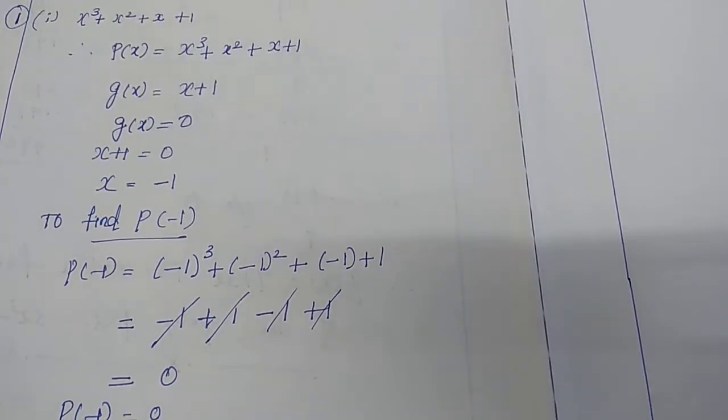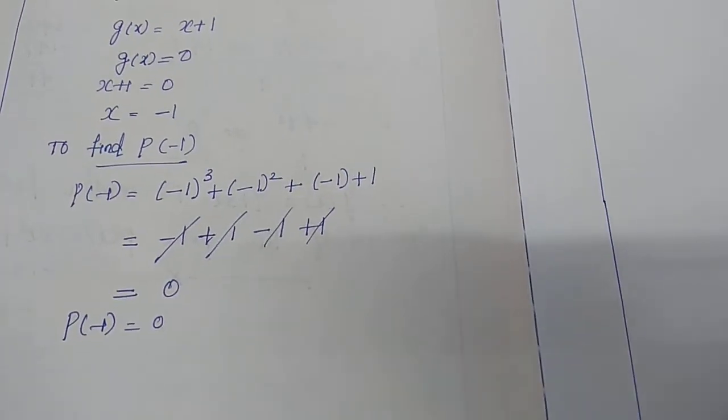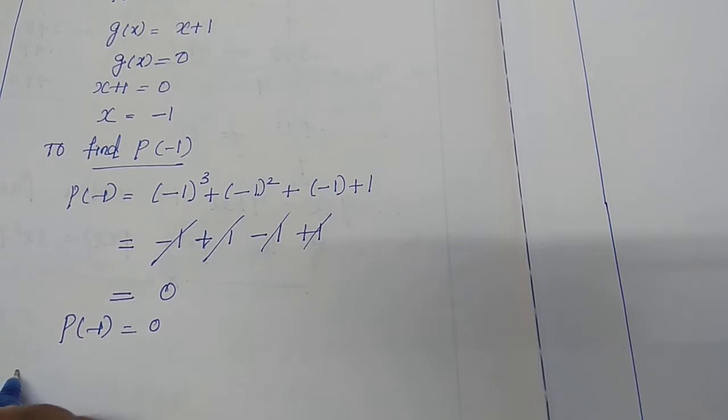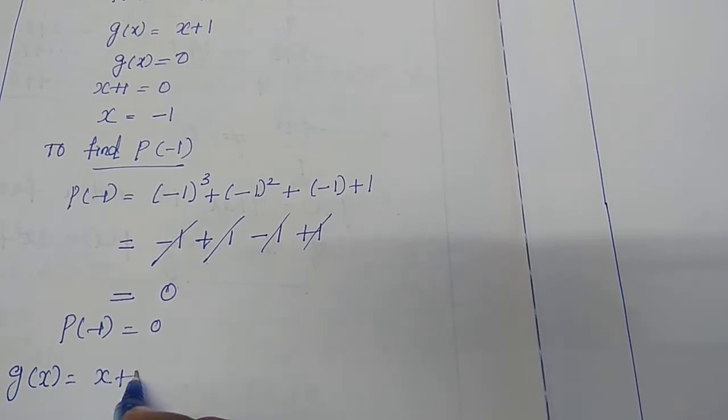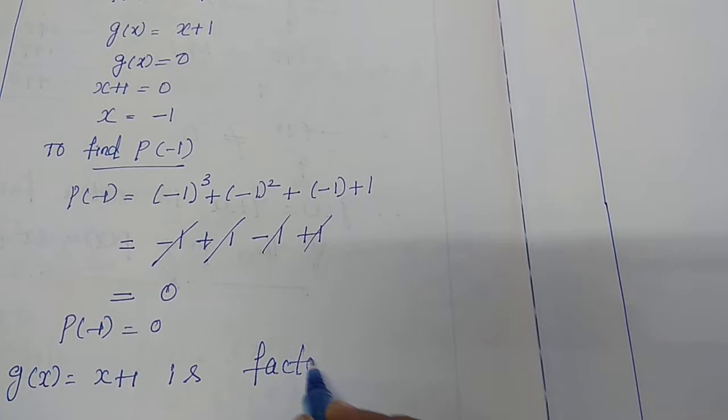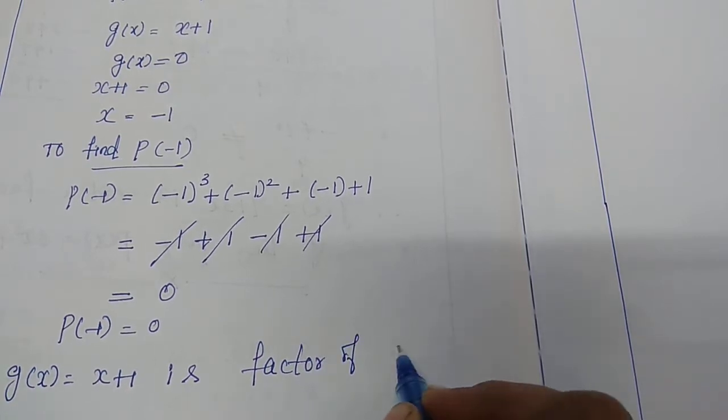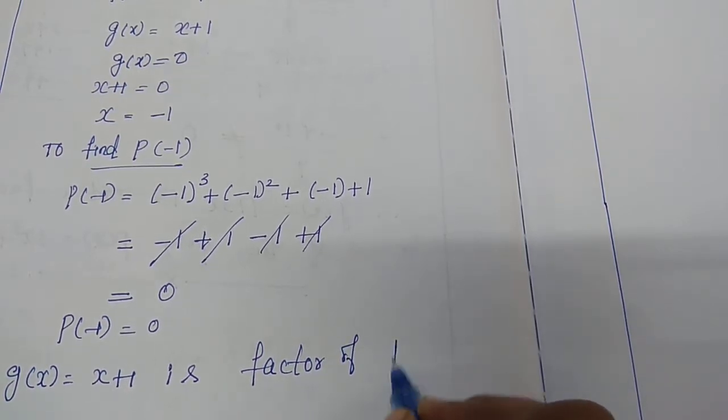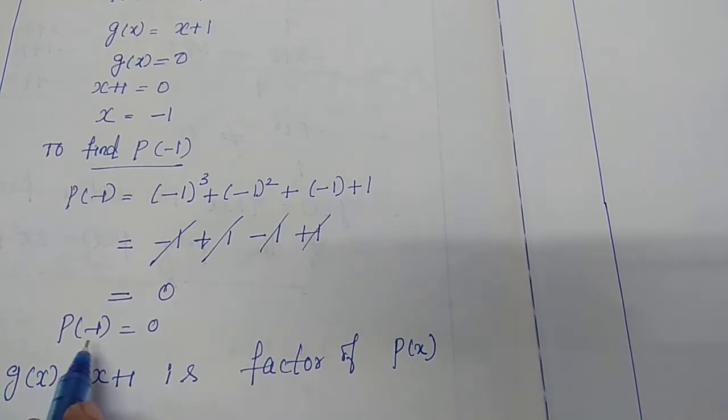P of minus 1 equal to 0 means our factor, that is g of x equal to x plus 1, is a factor of the given polynomial p of x. So p of minus 1 equals 0.